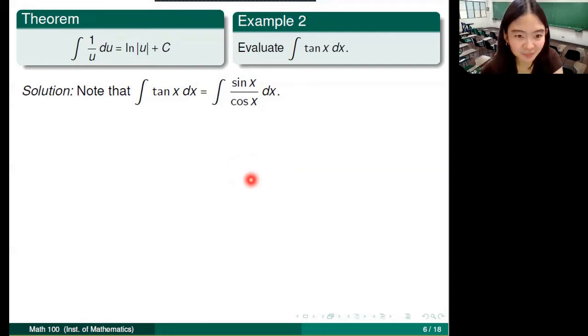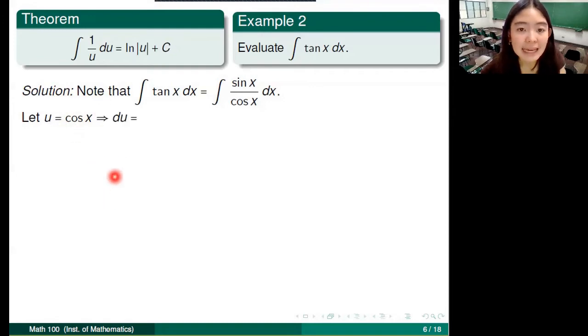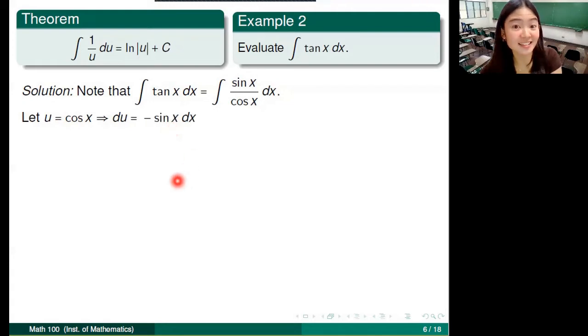So pakita natin yun. If nilet ko ang aking cosine x to be u, my du therefore is negative sine x dx, where itong sine x dx ay andito sa ating integral. And so therefore, maa-absorb siya actually ng du at masisimplify ang ating integrand, which is our goal kapag nag-u sub.